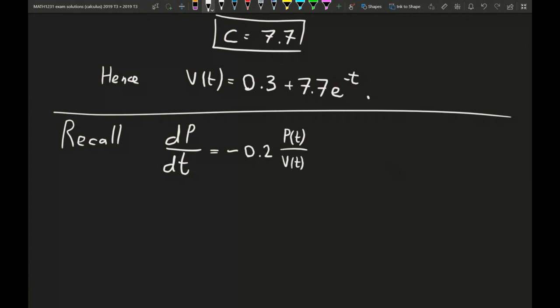Now, if I saw this equation in any other circumstance, I don't think I would be able to solve it, not explicitly. But here we are given that we know an expression for v(t) now, so we know it's minus 0.2 p(t) over 0.3 plus 7.7 e^(-t).